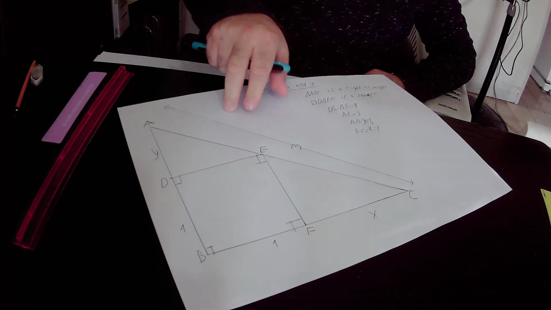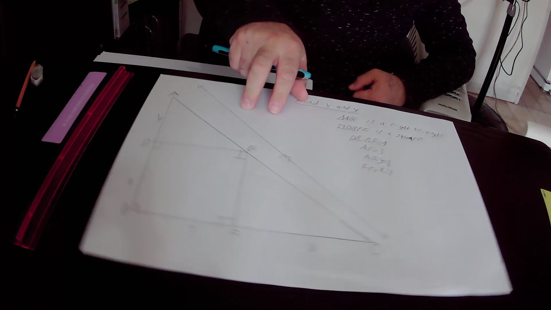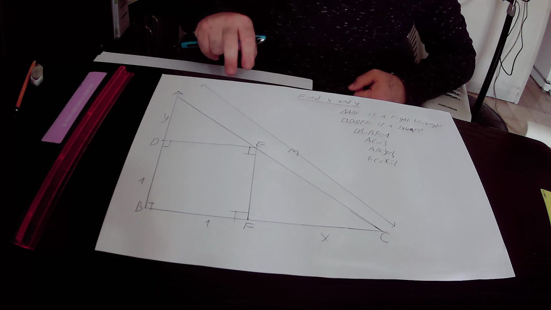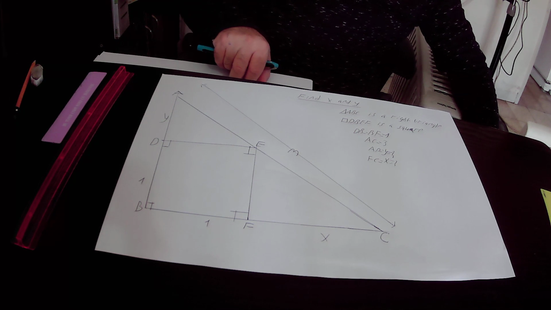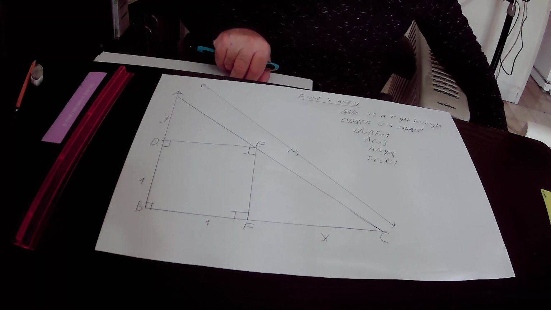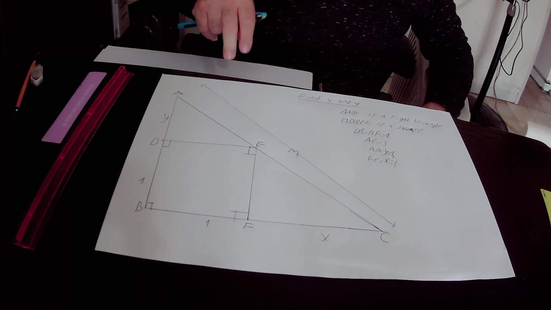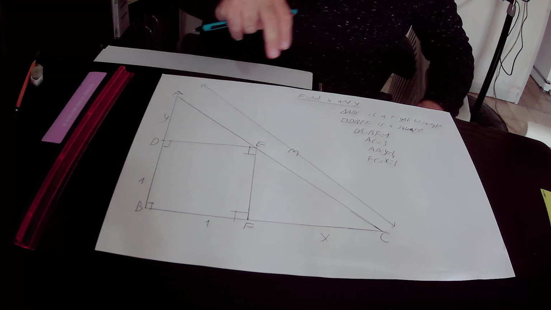So first of all, we know that the opposite sides of a square are parallel to each other. That is to say, DE is parallel to BF.